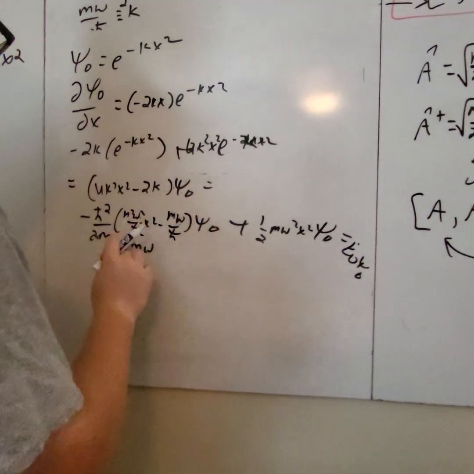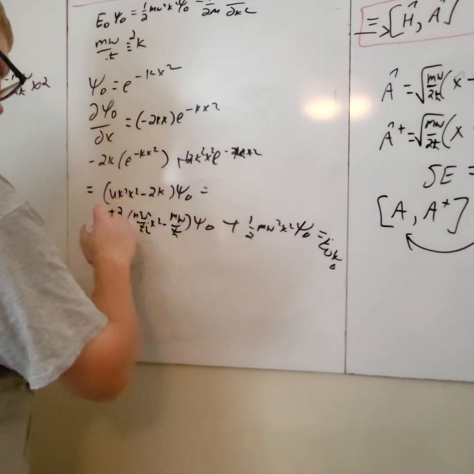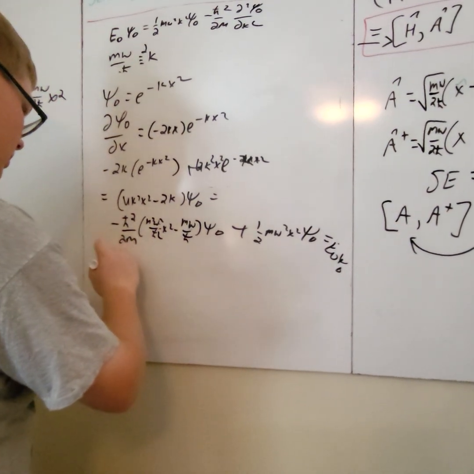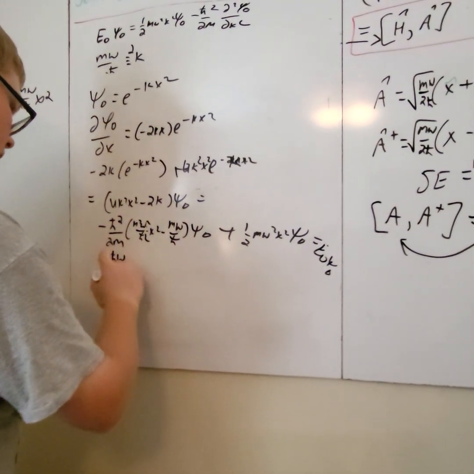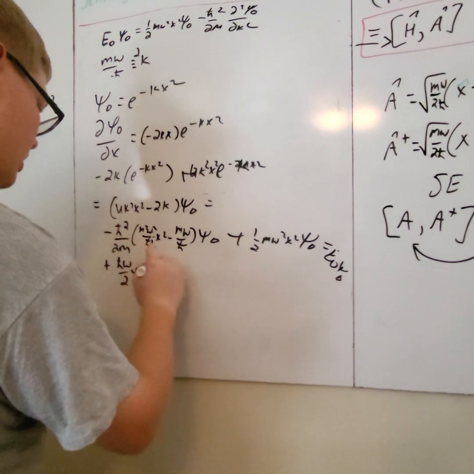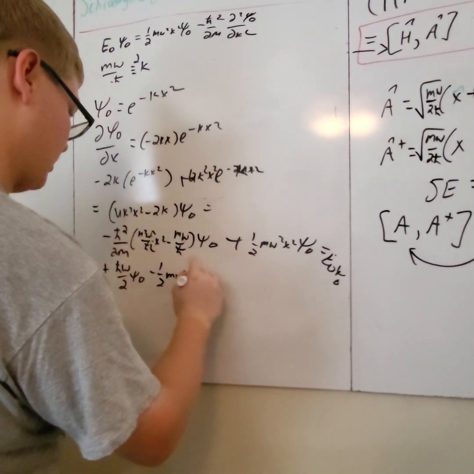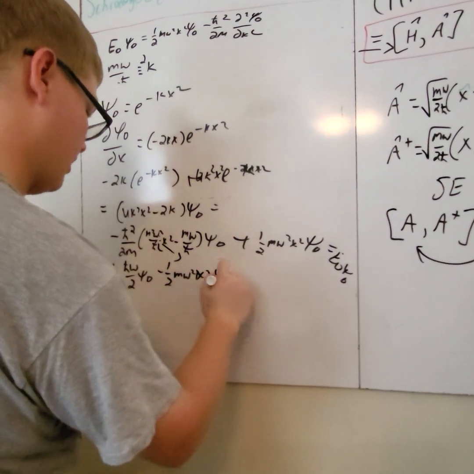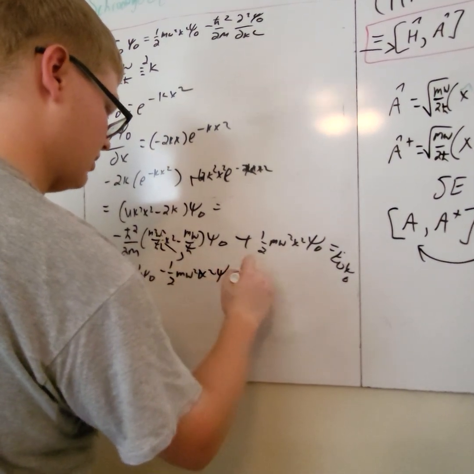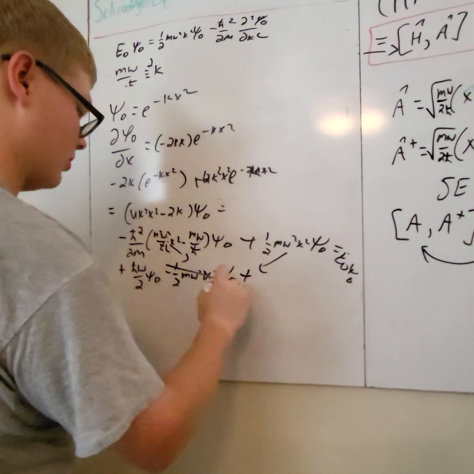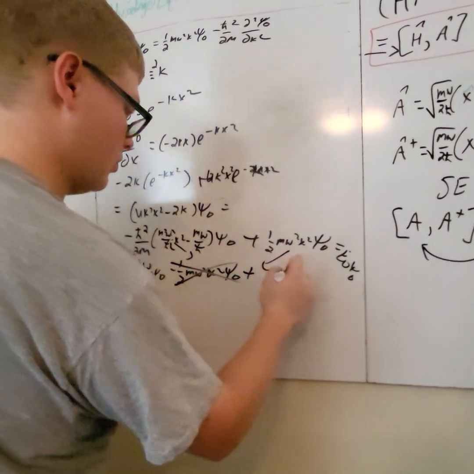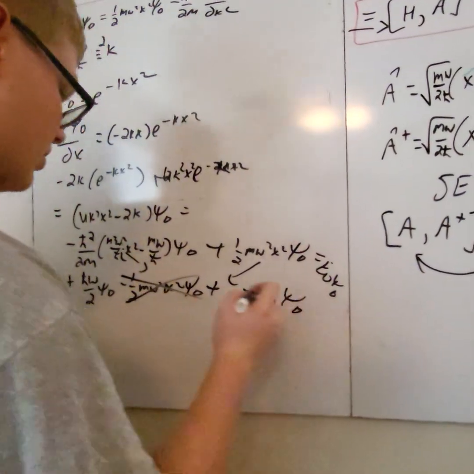The mw over h bar is going to cancel, plus h bar w over 2 minus 1/2 mw squared x squared psi sub 0, plus basically the same thing, but that'll cancel out, equals E sub 0 psi sub 0.